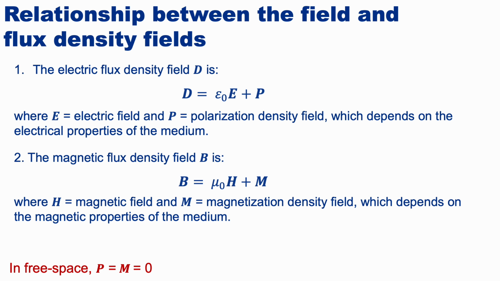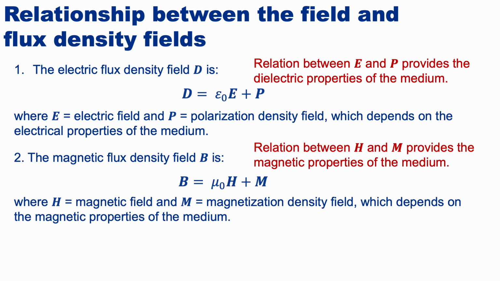We're going to have something similar with the magnetic flux density. The magnetic flux density is going to be equal to the summation of some constant multiplied by the magnetic field plus the magnetization density field, where the magnetization density field is going to depend on the magnetic properties of the medium. And a priori, we need to know more about the medium and its electric and magnetic properties to understand the relationship between them.